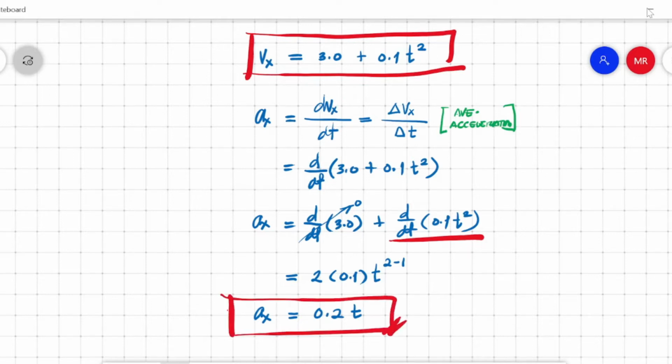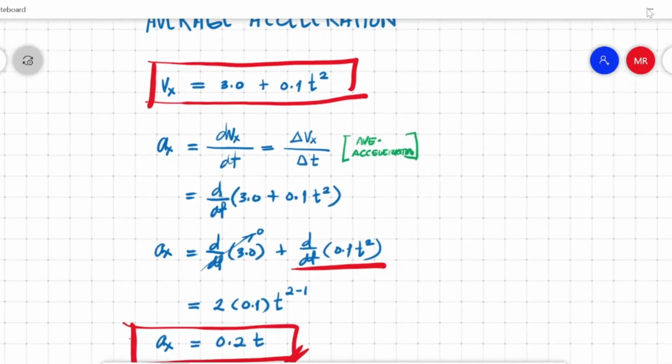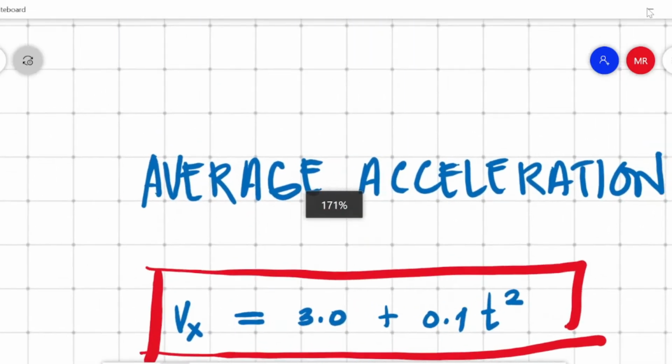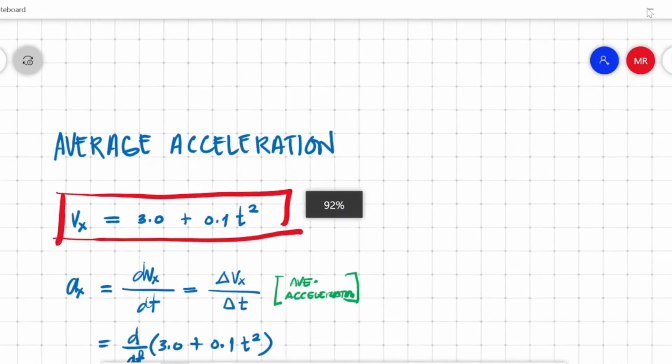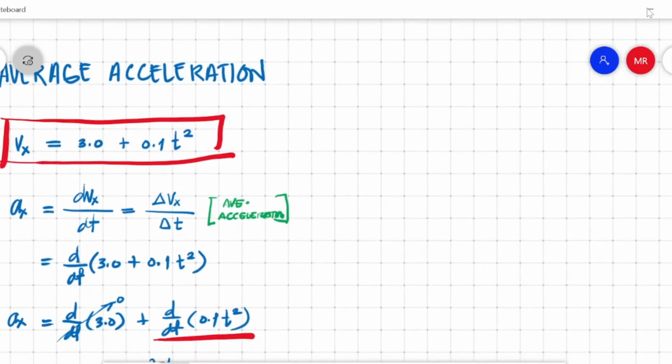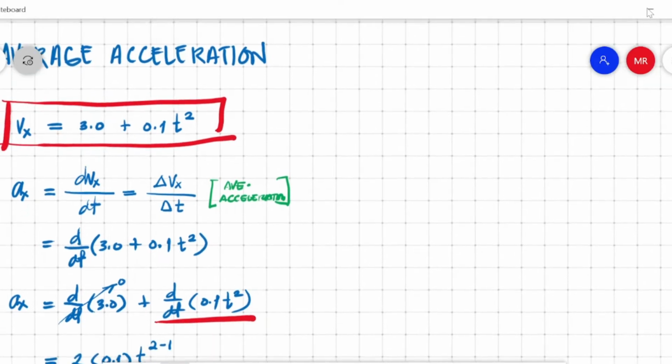Now, what if we are asked to find the average acceleration for a time interval? Let's say the initial time, time 1, is 10 seconds and time 2 is 20 seconds, so the time interval is 10 to 20 seconds.